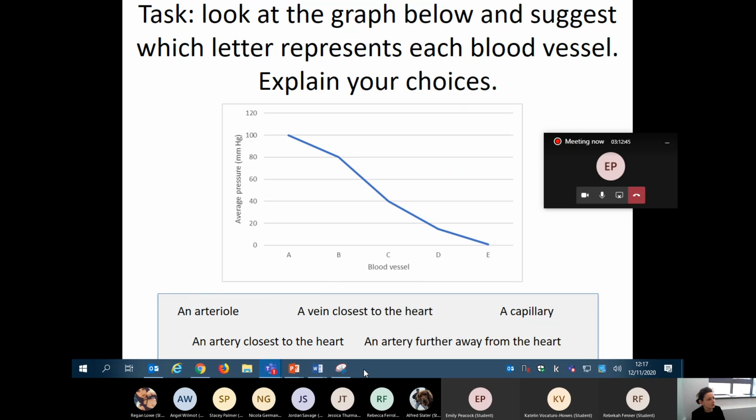I'd like you all, again, no shouting out or sharing answers straight away. Let's all have a go at thinking about it independently first. So can you try to put all the blood vessels according to the letters on the diagram? In essence, it's asking you which one's got the highest pressure, slightly lower pressure, middle of the road, even lower, and the lowest. Can you put it in that order?